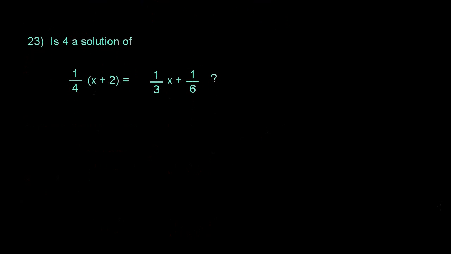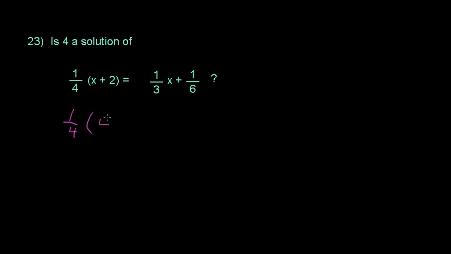Next problem wants to know if 4 is a solution of the following equation. 1/4 times the quantity x plus 2 equals 1/3 x plus 1/6. Is 4 a solution? And to find out, we need to replace x with 4. So we have 1/4, and then inside of the parentheses, what do we place in place of x?